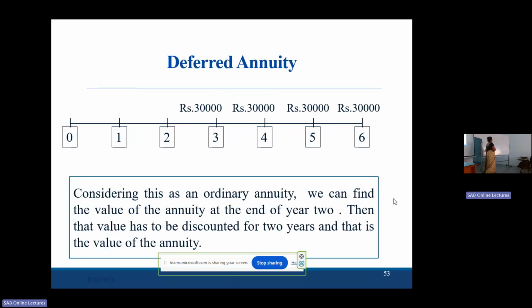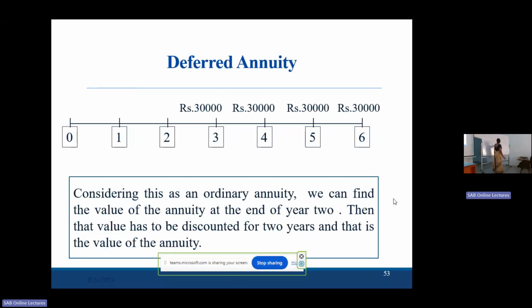But anyway, I will show you considering this as an annuity due. So you value the cash flow to the end of year 3 and then discount this value back to the present. If you consider this as an annuity due, you know what is an annuity due? That is cash flow occurring at the beginning of the period. So if you consider these 4 cash flows as an annuity due, your timeline looks like this: 0, 1, 2, 3, 4.